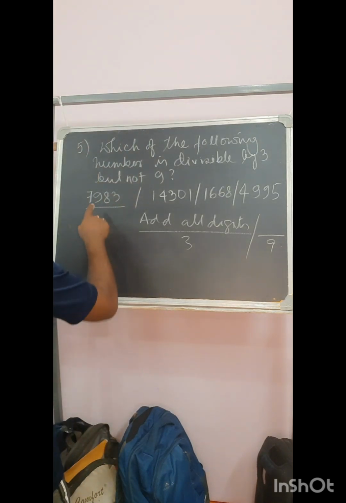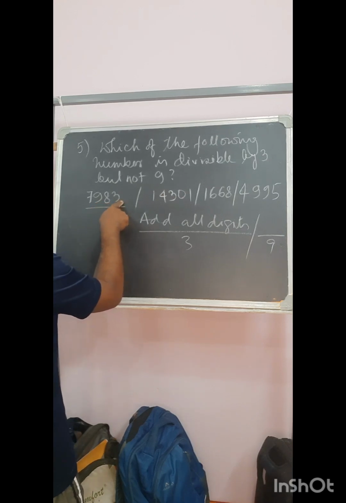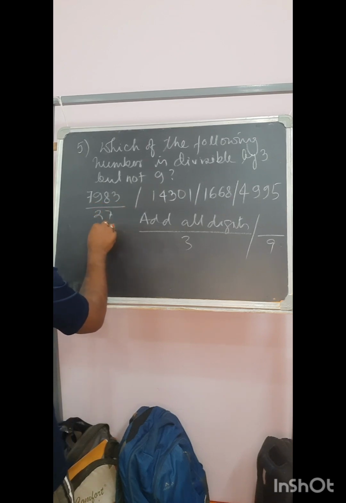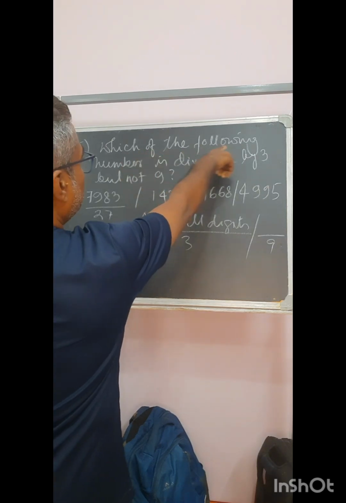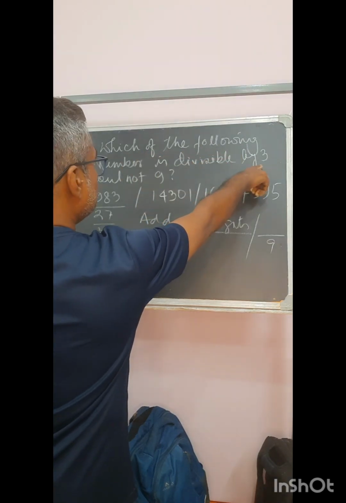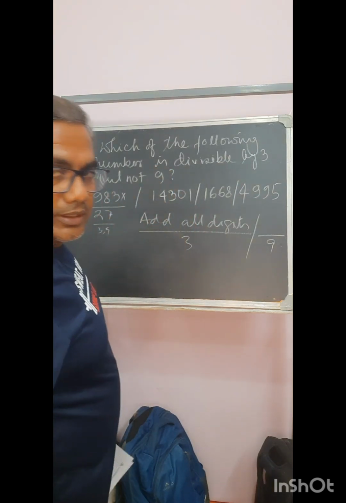Okay, so if I add this, 7 plus 9 is 16, 16 plus 8 is 24, 24 plus 3 is 27. It is divisible by 9 and 3 both. So the question is which number is divisible by 3 but not by 9, so this could not be the answer.